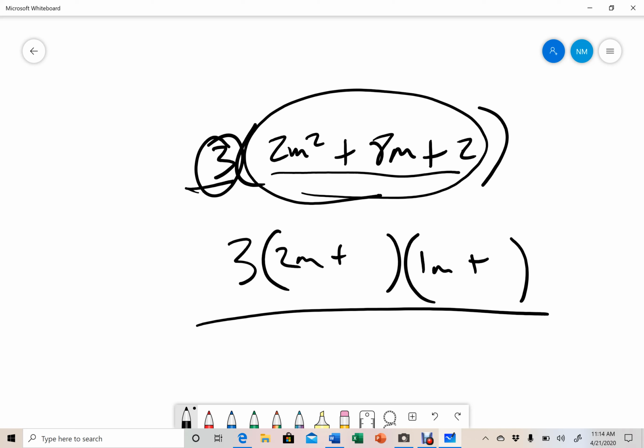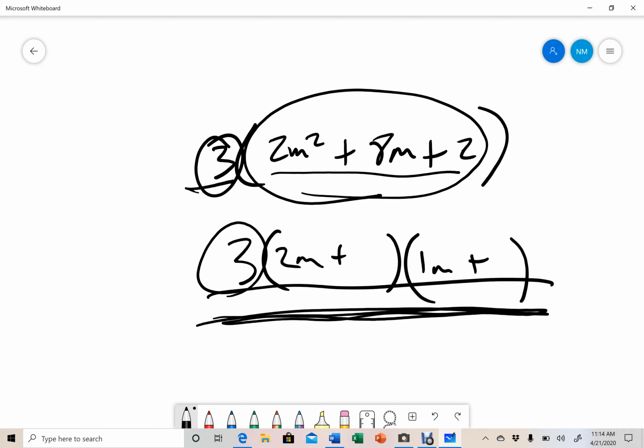Anyway, I made up these numbers so it doesn't factor out properly, but you get the idea. So it's basically similar to number 4 in that we're factoring out first, and then taking what's left, factoring that into 2 parentheses, and then my answer is those 2 parentheses, including what I factored out here at the beginning. So this is what my answer would look like. So that is number 7.